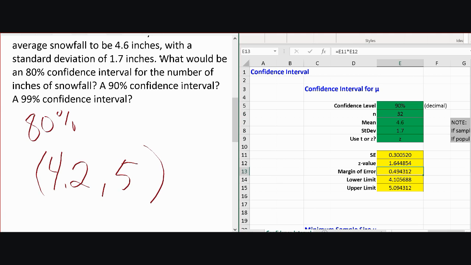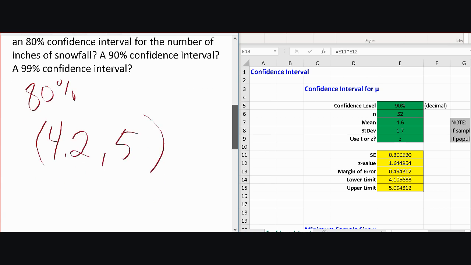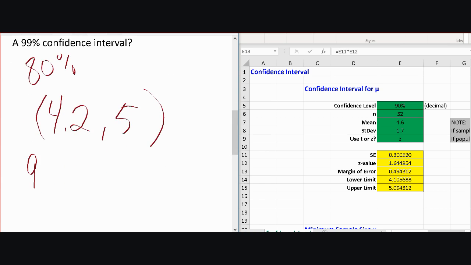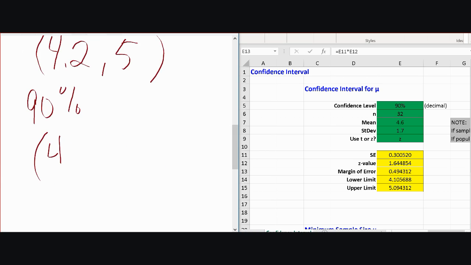The margin of error went from about 0.4 to 0.5. We broadened our margin of error, which means now that our confidence interval has also become broader. It goes now from about 4.1 up to about 5.1. So for 90%, our interval goes from about 4.1 to 5.1.